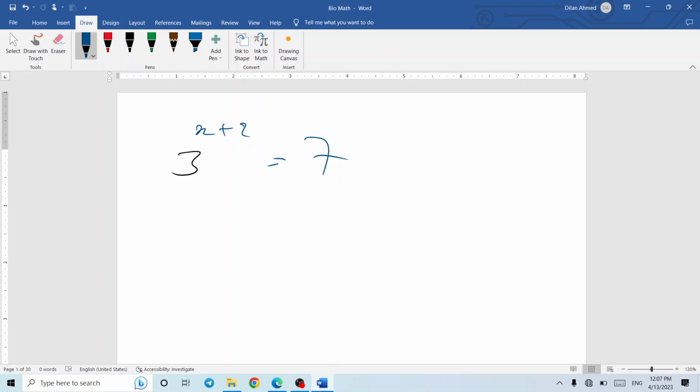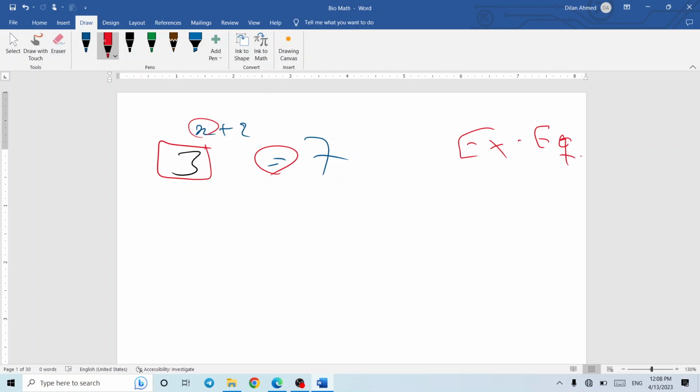First you need to recognize which equation we have. I have an exponential, right? Because we have an x in the exponent and an equality, it is called an exponential equation.